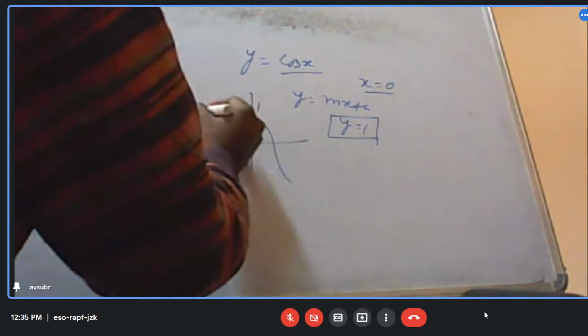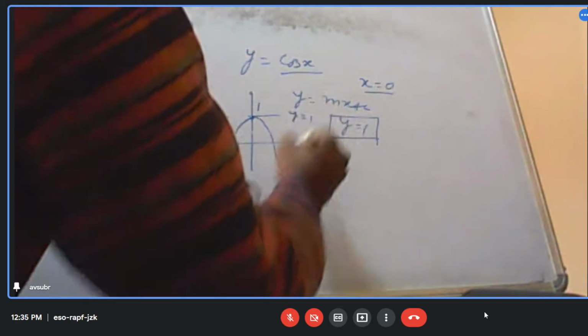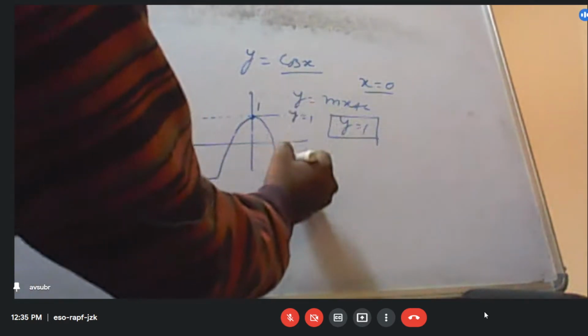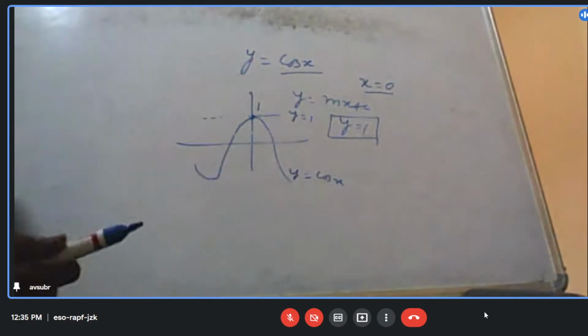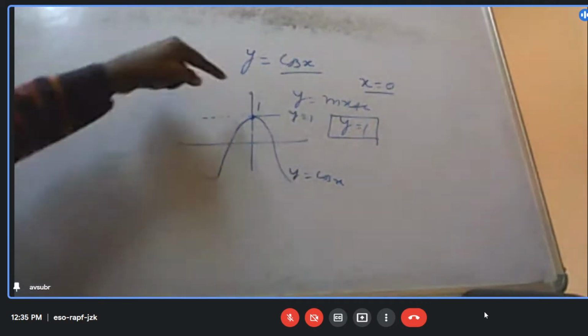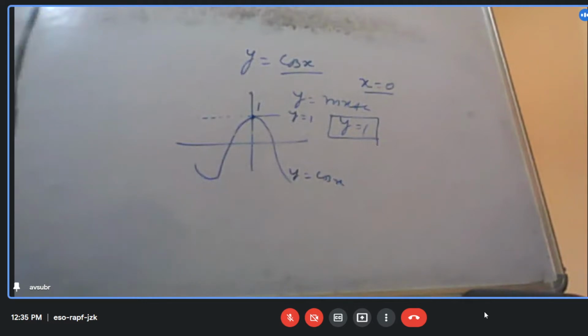So this kind of curve we found out, y is equal to 1. We can see that at this point, this y and this cos x, y equal to cos x, both are matching at x equal to 0. Both values are 1, so this is fine.